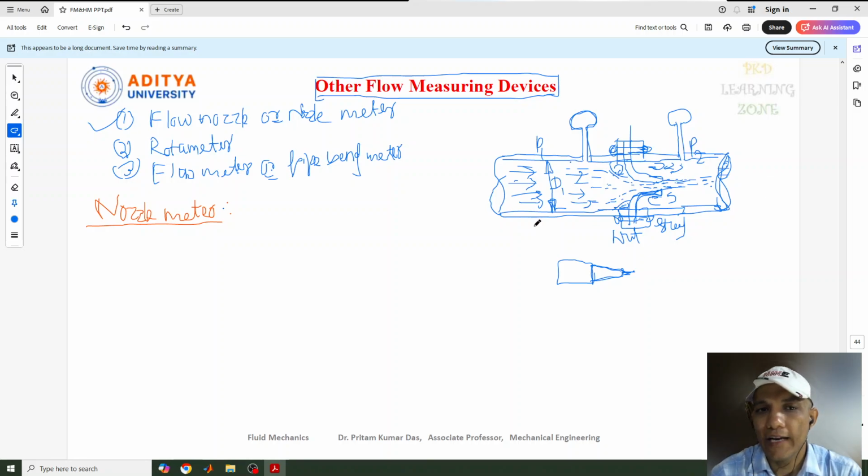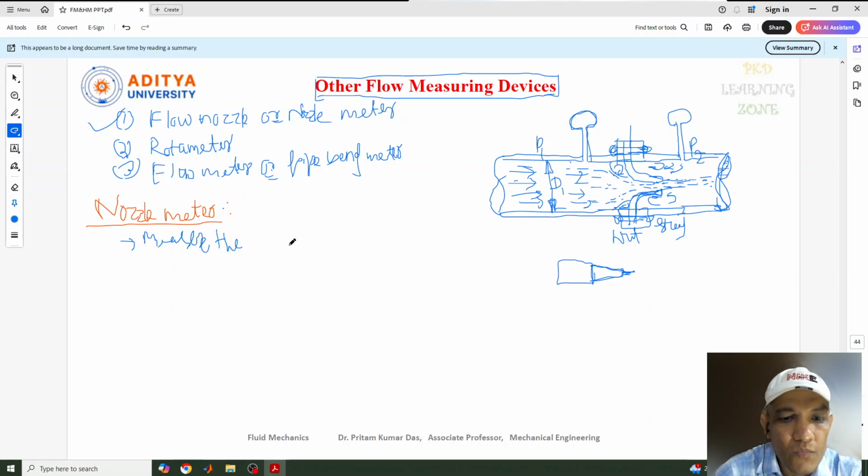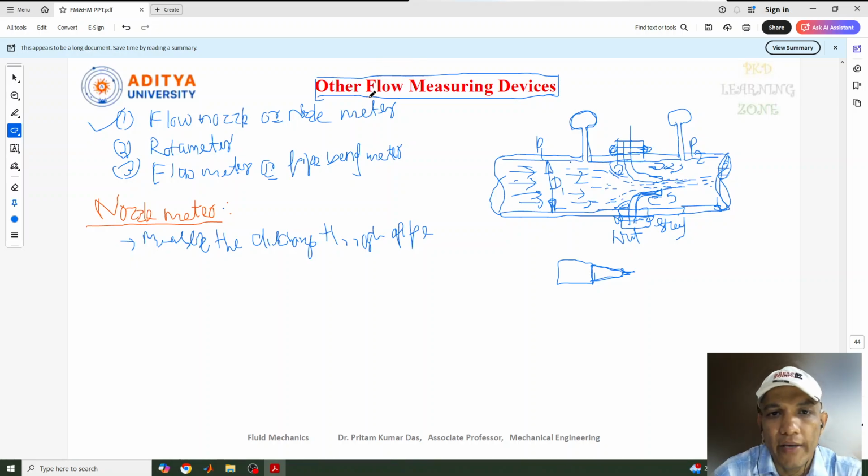Now this is the diagram of a nozzle meter as I have shown you. Now what is the work of this and how is it going to work? As I told you, this nozzle meter is used to measure the discharge through the pipe, because we know that the measuring devices are used to find out the rate of flow.